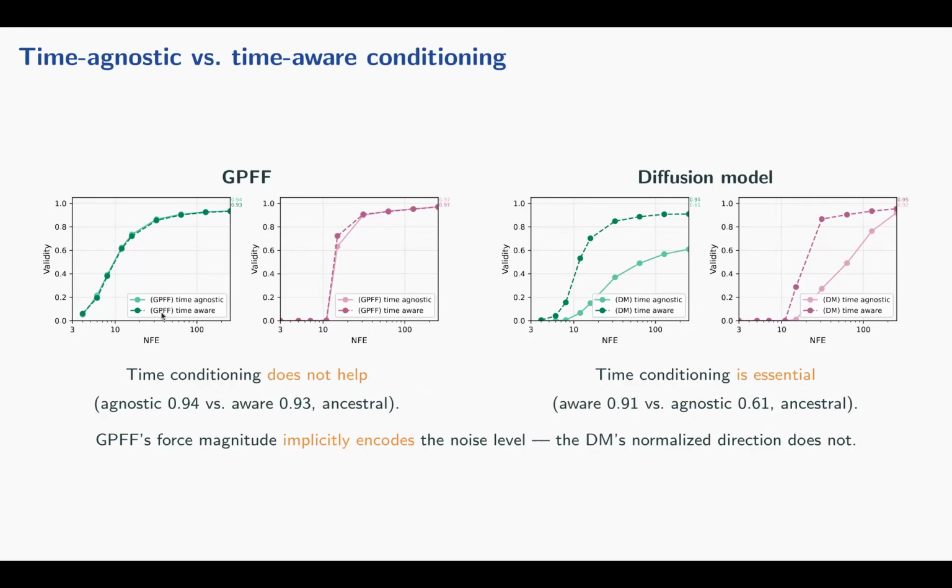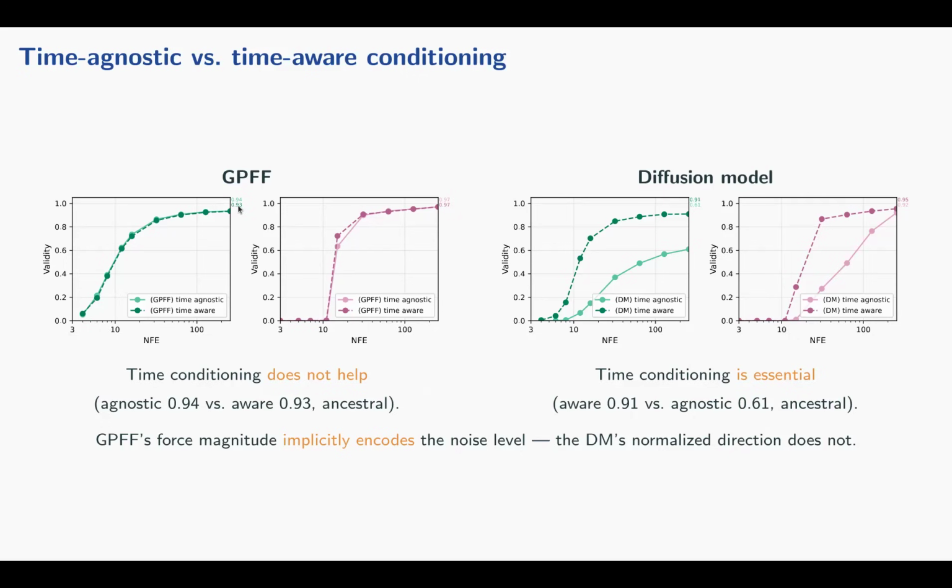Here we have one model which is time-aware, the dashed line. Time-aware means it knows the time step, so we provide it to the model. This is an extra model that we trained with time step conditioning. The solid line is the performance of the model that doesn't know the time step, neither during inference nor during training. And as we can see, the results are just the same.